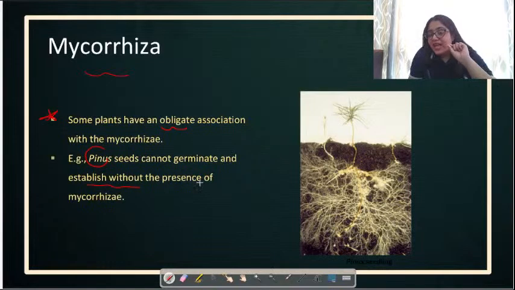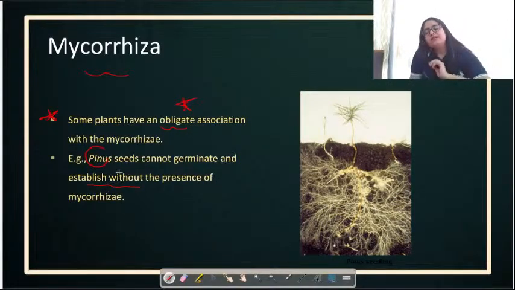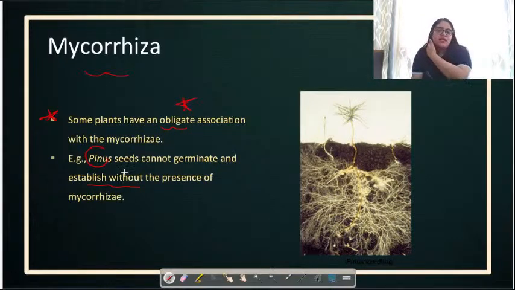So without the presence of mycorrhiza, the seeds of the pinus cannot germinate. Such obligate dependence is seen in some plants such as the pinus, where the seed is unable to germinate in the absence of mycorrhiza.